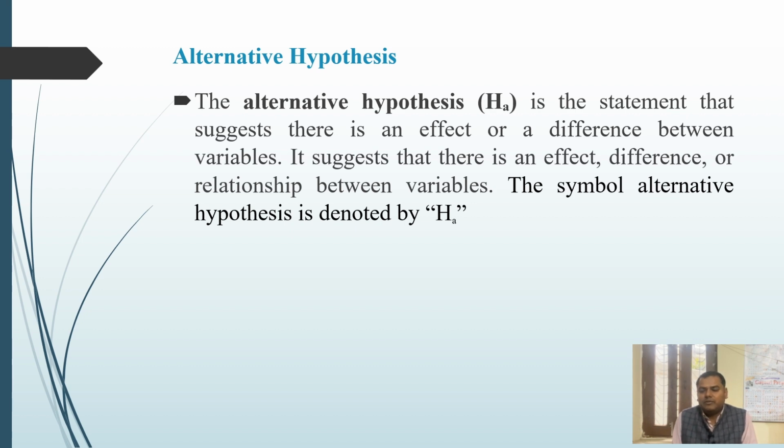Alternative hypothesis is the statement that suggests there is an effect, difference, or relationship between the variables. It is denoted by H1 or HA.